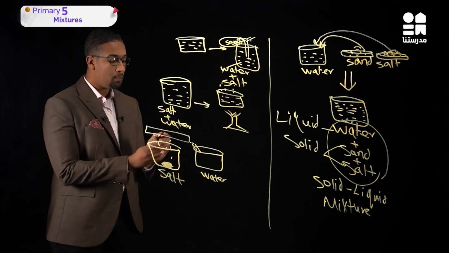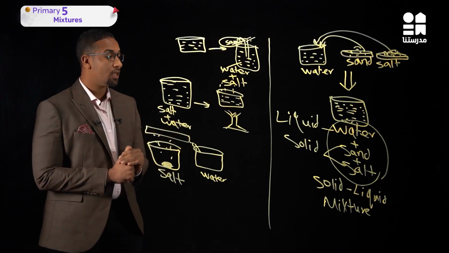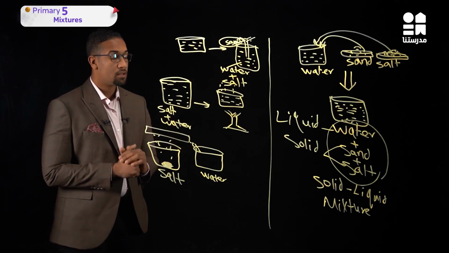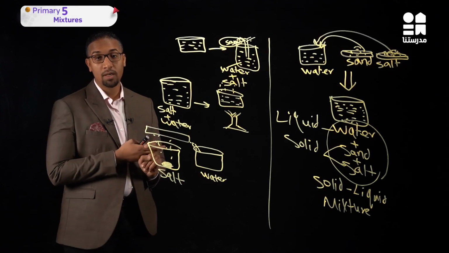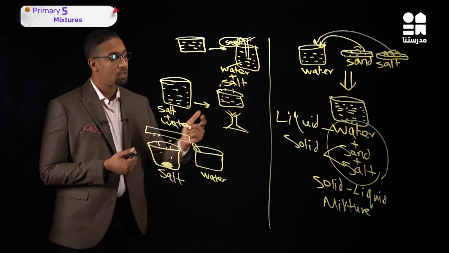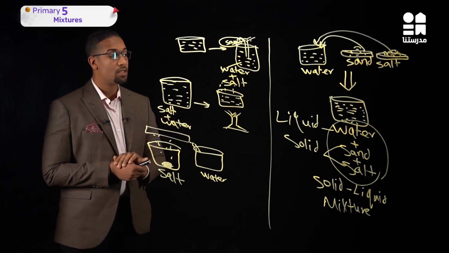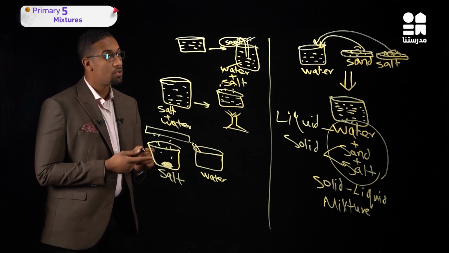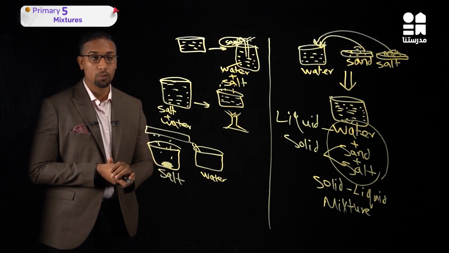So we mixed salt, sand, and water together, forming a salty solution and sand, which is called a mixture, a solid-liquid mixture. And we can separate this mixture using what? Using first filtration to separate sand from this solution.